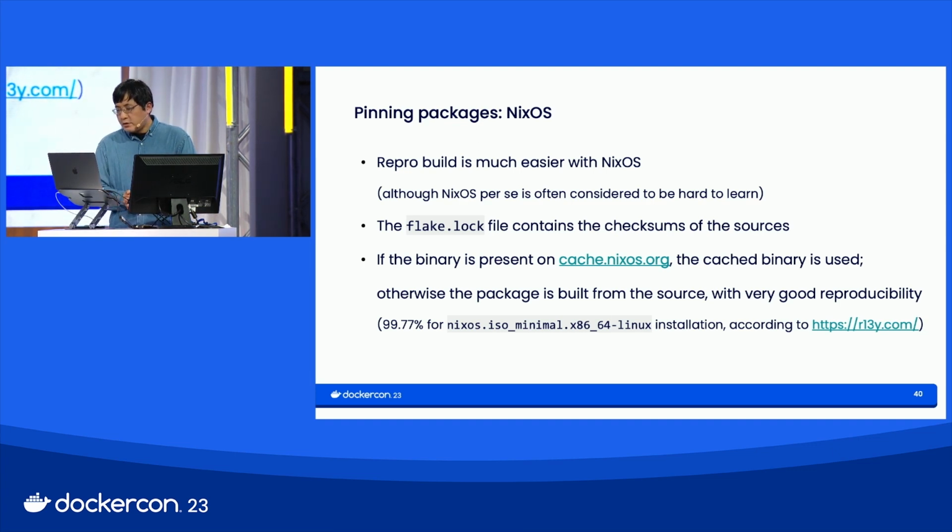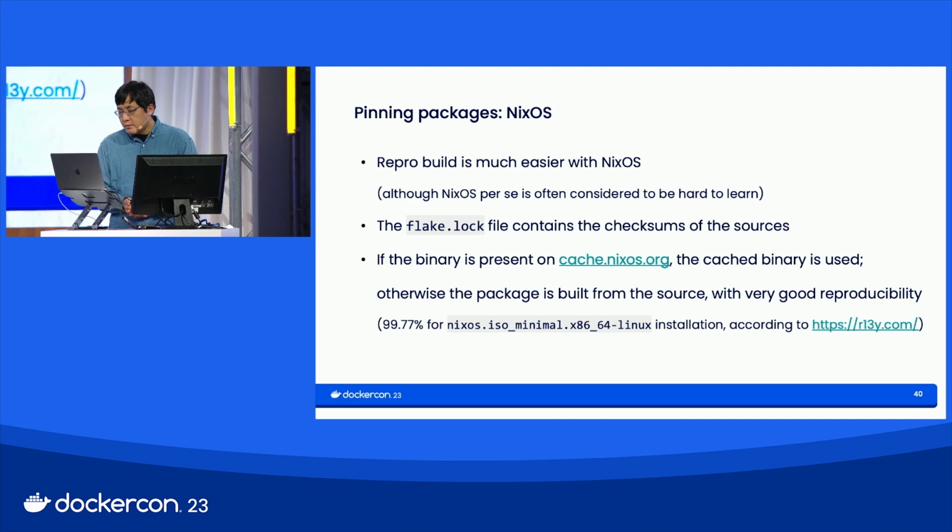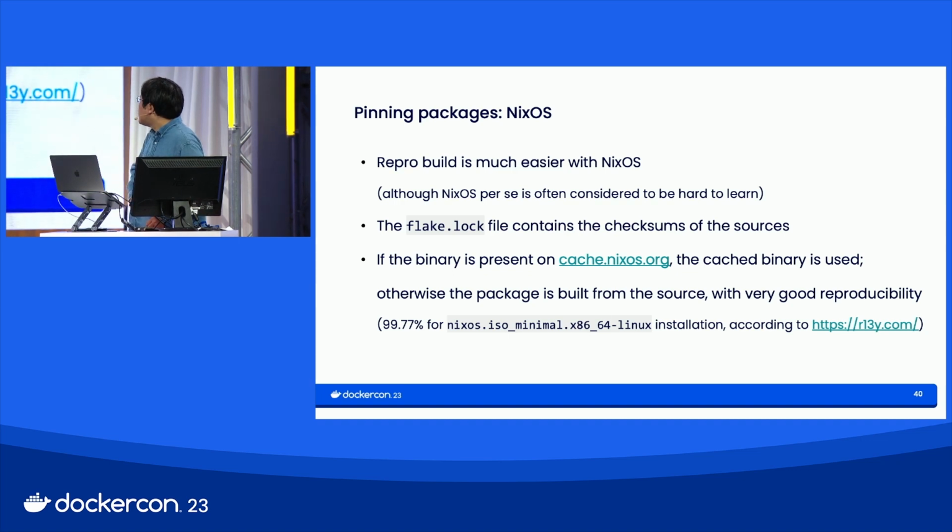This is similar to the go.sum file in the case of Golang. And if the binary is present on cache.nixos.org, the cached binary is used. Otherwise, the package is built from the source code with very good reproducibility. And they say that more than 99% of Nix packages are reproducible.